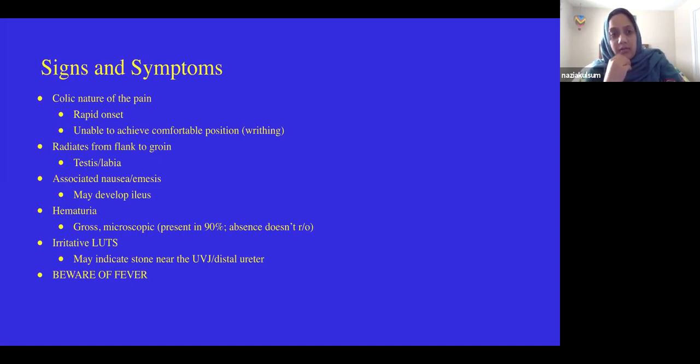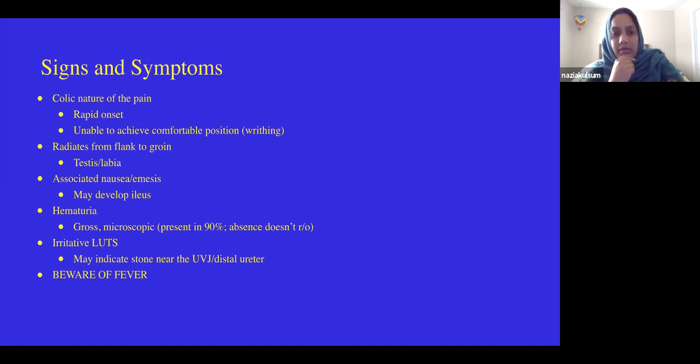Sometimes kids may also tell you about pain at the tip of their penis, especially when they're peeing. Then there could also be other signs or symptoms like nausea, emesis, hematuria, so gross hematuria, and sometimes even microscopic hematuria. It is very rare to have someone with a kidney stone and not have blood in the urine.